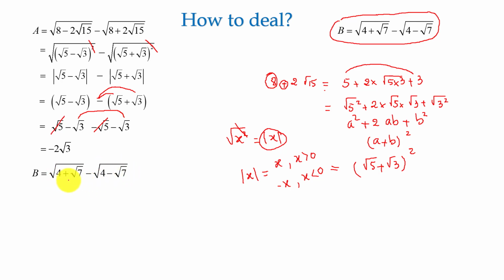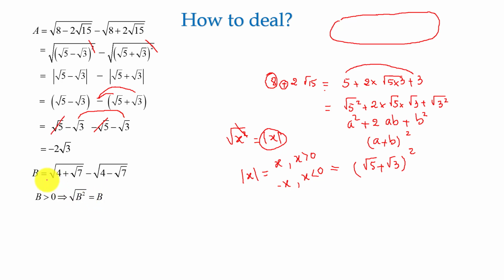And we see this square root of 4 plus square root 7 is bigger than square root of 4 minus square root 7. So if we use this minus this, it's positive. So if B is positive, square root of B squared is equal to B.